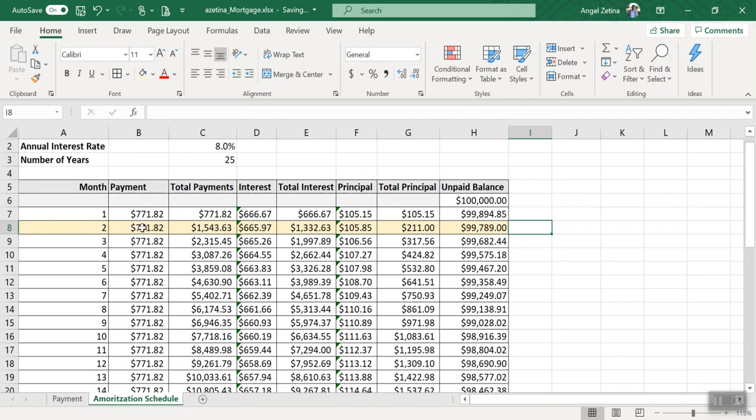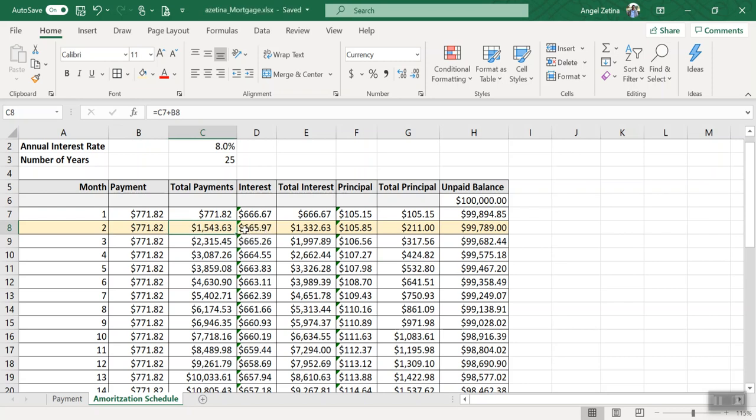In the second month, you're going to pay $771.82. By that point in time, you would have paid these two. So these two 771 with 82 cents, which adds up to 1,500 approximately, right? So 1,543 with 63 cents. So by the second month, you would have paid these two, which is this amount.